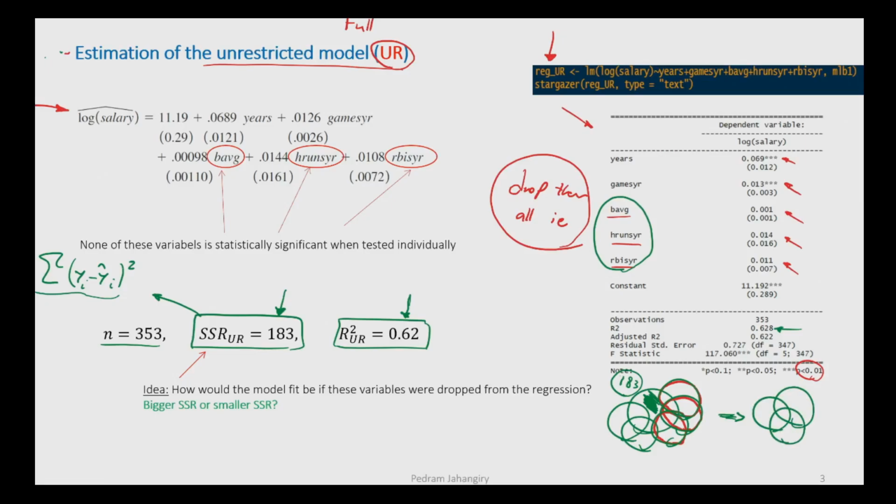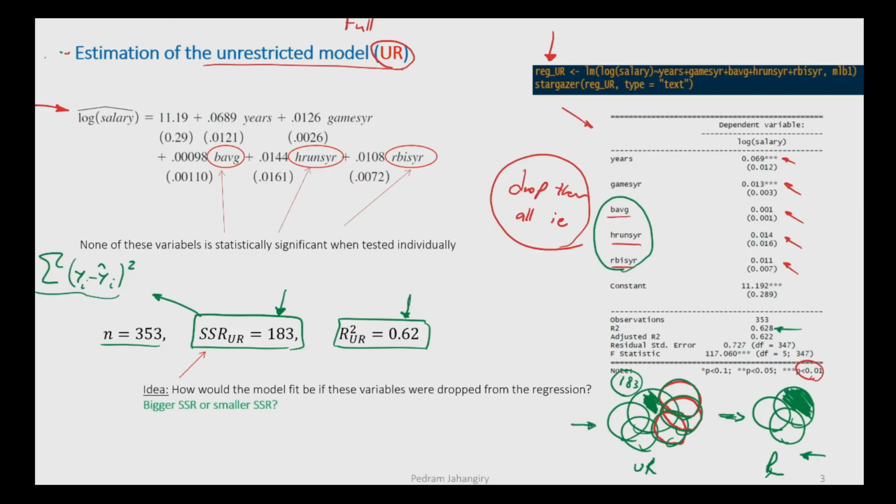Now look at the SSR for the restricted model. Remember, this is a restricted model, and this is an unrestricted model. Obviously the sum of squared residuals for the restricted model on the right is larger, right? The idea is how much larger this number is. Is the difference between the SSR of the unrestricted model and the restricted model significant or not?